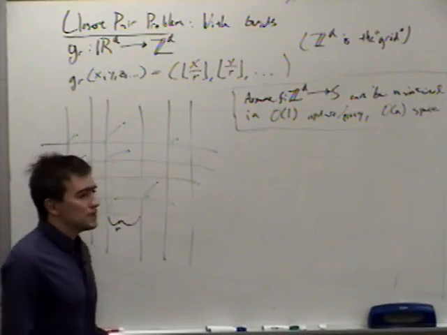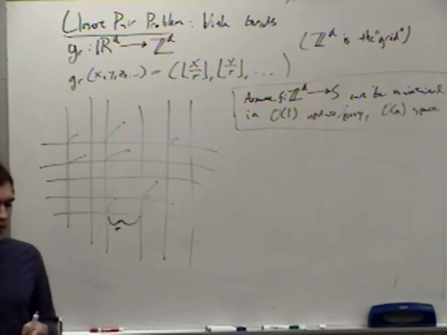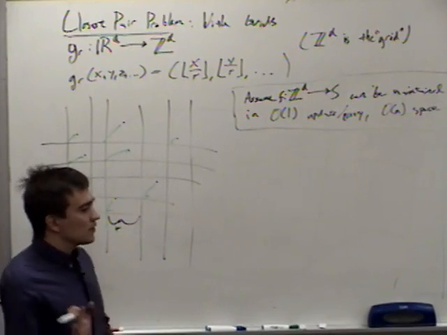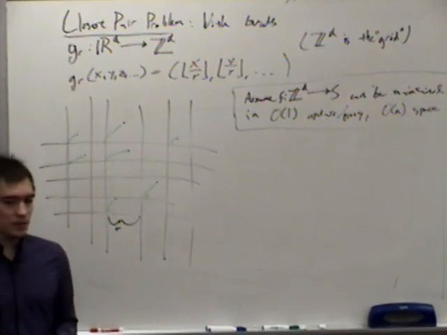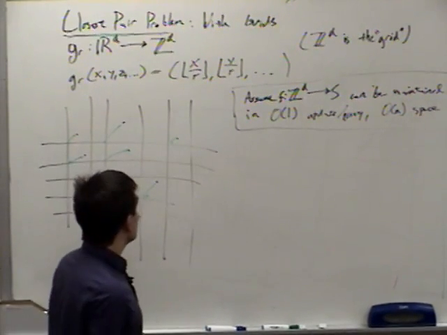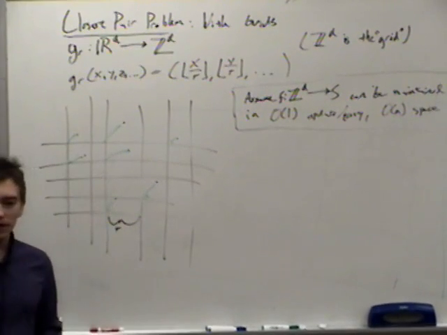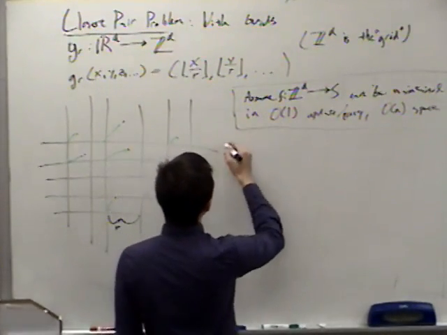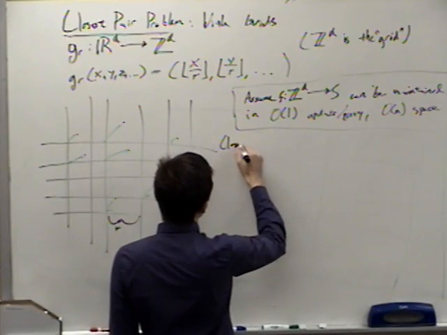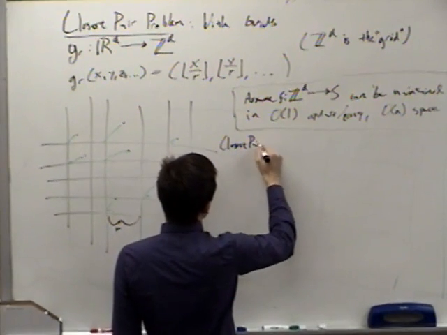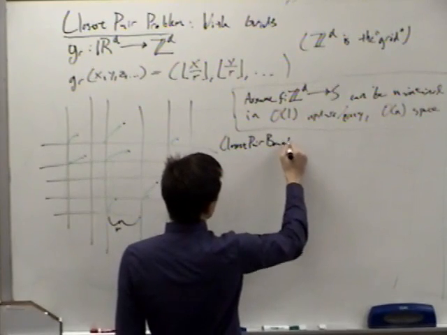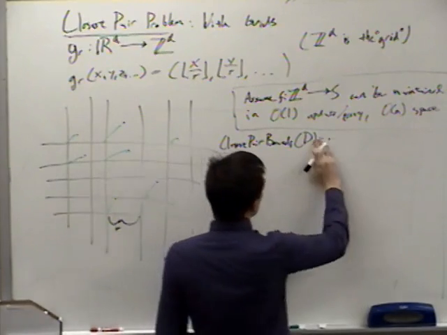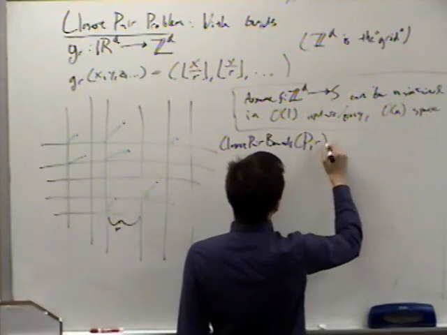So OK, how do we use this now to do closest pair detection? That's actually a little bit tricky, but we're going to start out with something very simple. The simple version of this is we want to detect if the closest pair is within some distance. So we're going to call this closest pair bounds. This is some function which will take a point set as input, and it's also going to take another parameter, r.